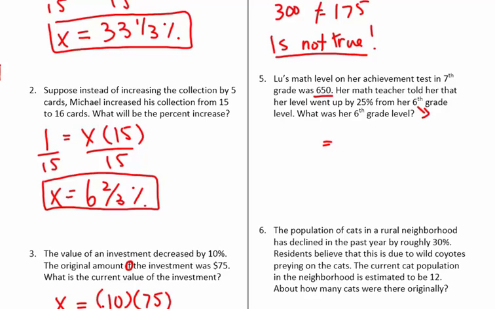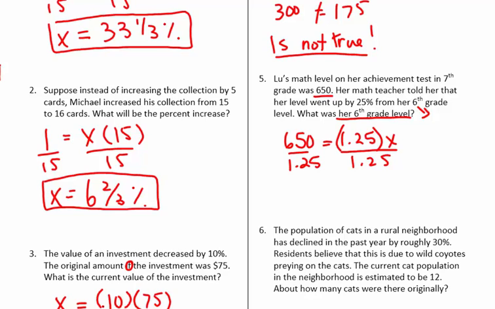So that means her score now is 650. And we don't know her original in 6th grade, but we do know it went up by 25%. So her score right now is 125% of what it used to be. So we would use 1.25, divide both sides by 1.25.